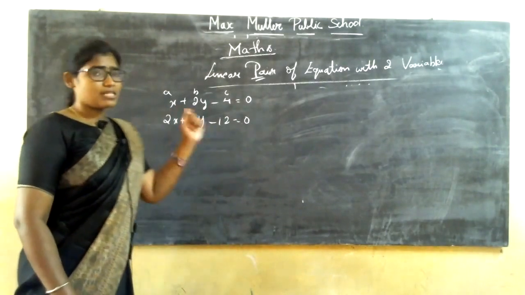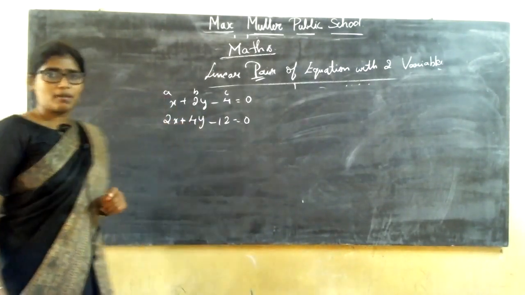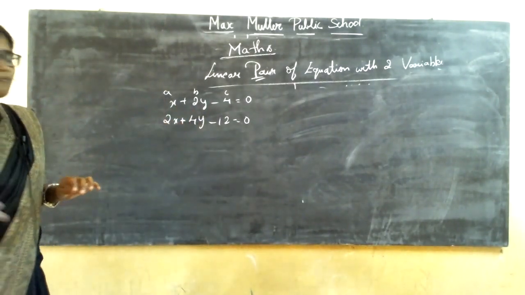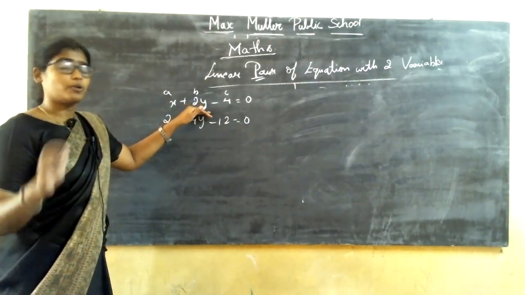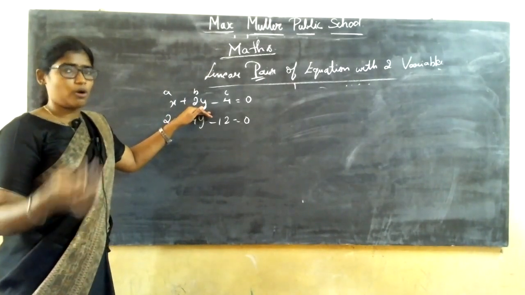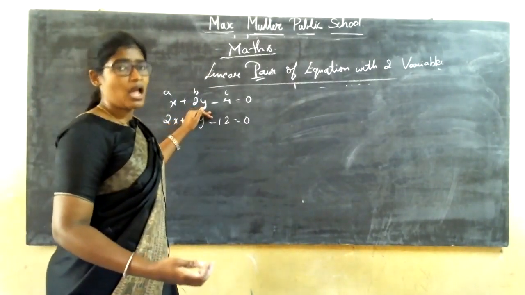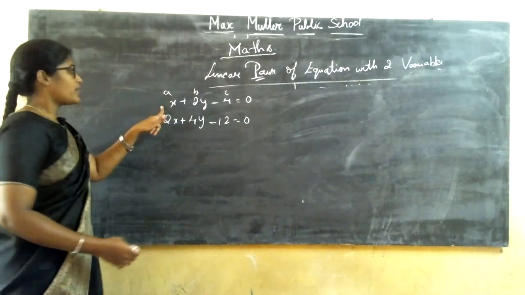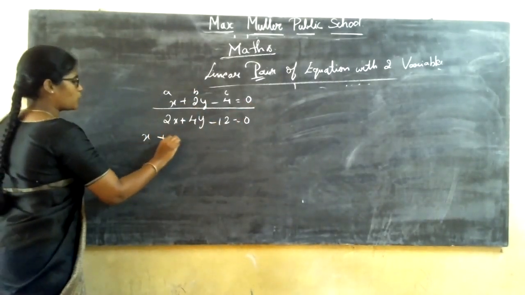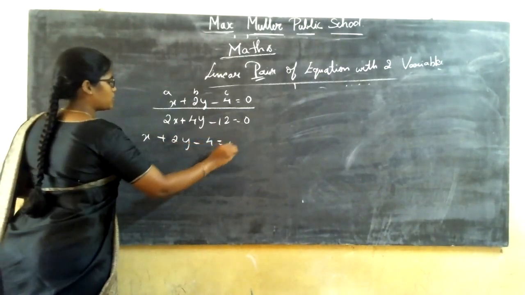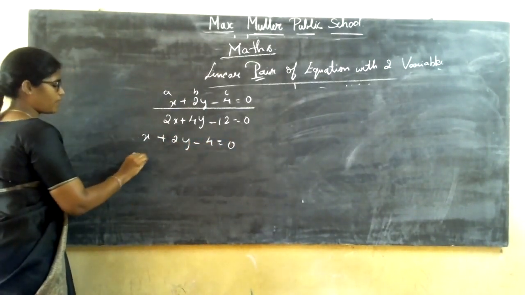If the A, B, C values share a common factor, you are going to simplify and bring the equation to a form where you cannot divide it any further. Now if I take the first equation, x plus 2y minus 4 equal to 0, here the coefficient of A is 1.